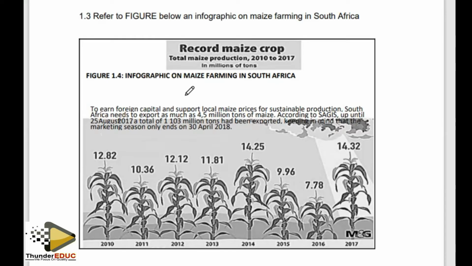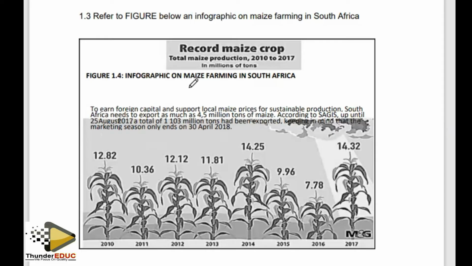According to SAGIS, up until 25th August 2017, a total of 1,103 million tons had been exported, keeping in mind that the market season only ends on 30th April 2018.